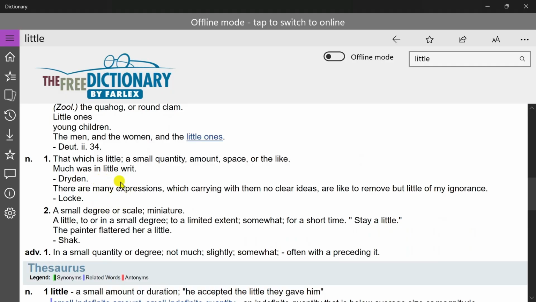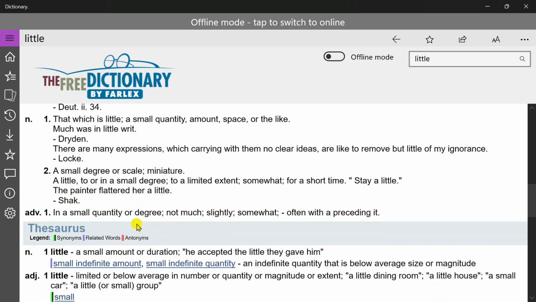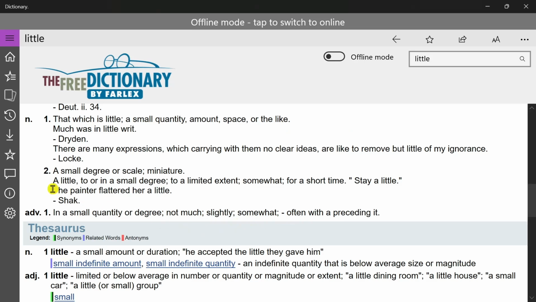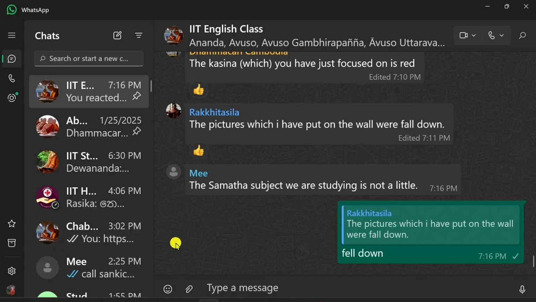How to say it? Was not a little. Maybe it's okay. As a noun, it just sounds a little strange to me. Not a little amount. It was not a little. Yeah, it's okay. We would say it was not little. It does sound a little awkward to me, but I think it's okay.